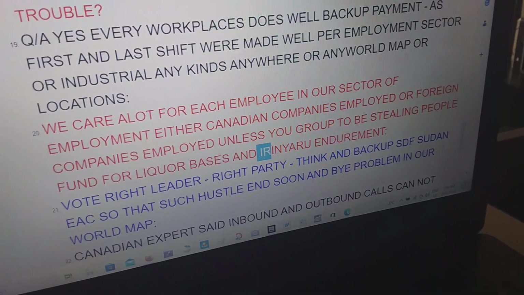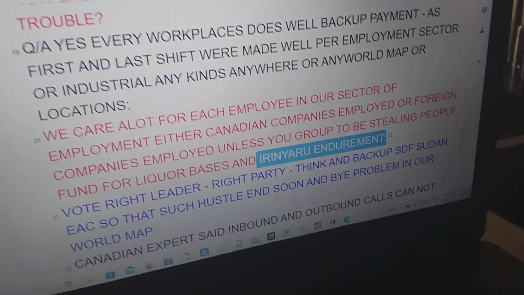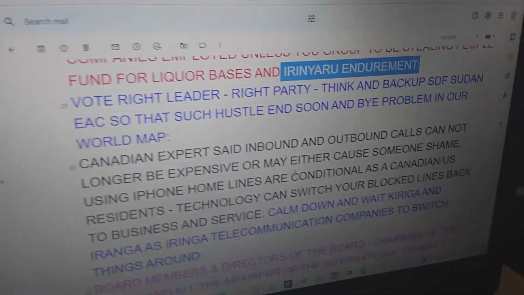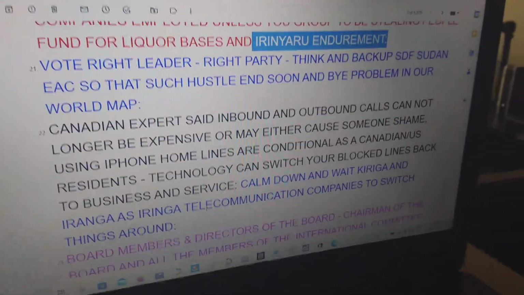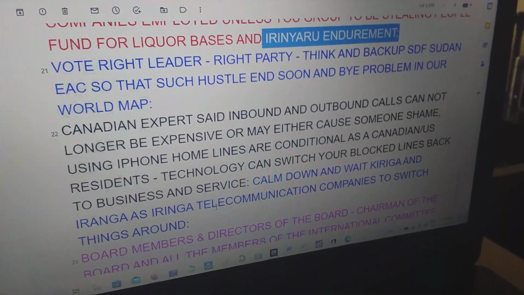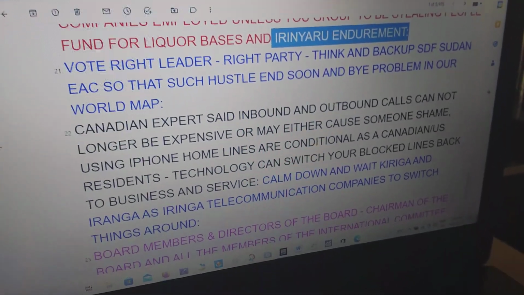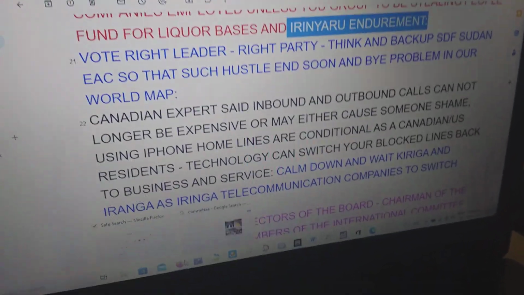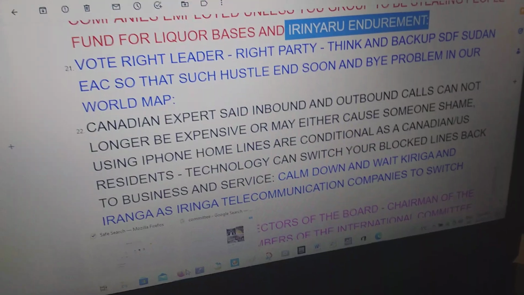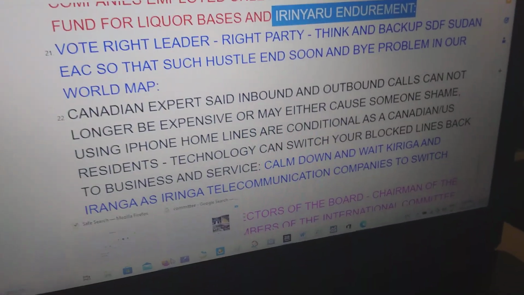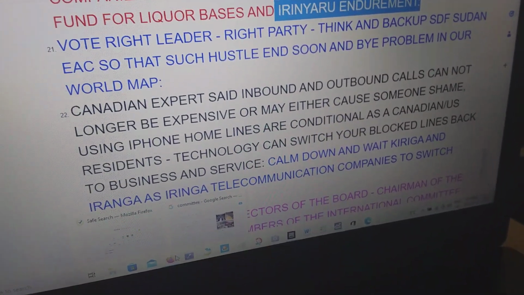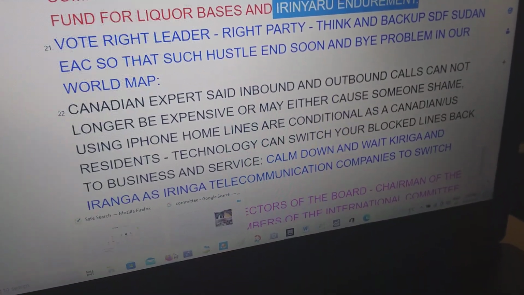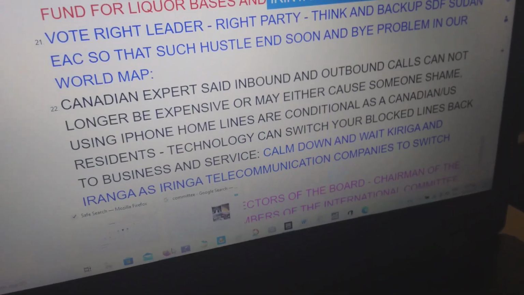When we talk about irinyaru endowments, we basically mean free sittings that you are making. Maybe you are playing dominoes or playing cards and you are wasting your money at the lottery game. Vote the right leaders, right parties, and then think and back up SDF Sudan, the East African community, so that such hustlers ensued and buy problems in our world map.